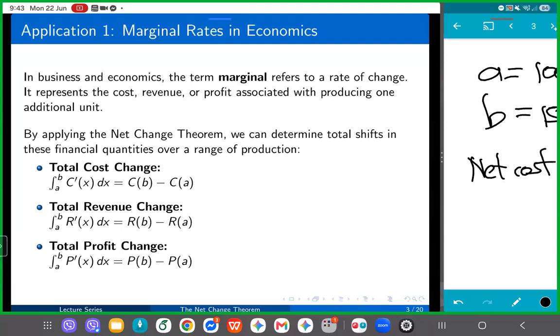Also, the integral of the marginal profit equals the net profit. Okay? So these are mere reformulations of the fundamental theorem applied to specific economic variables or quantities.